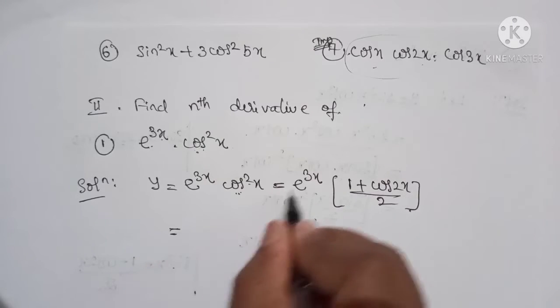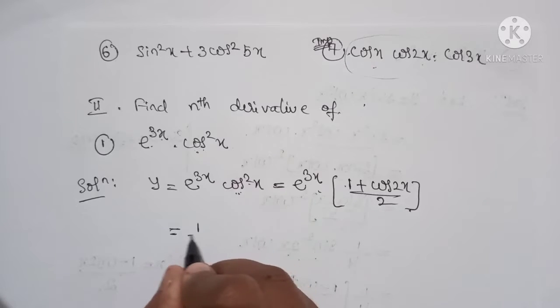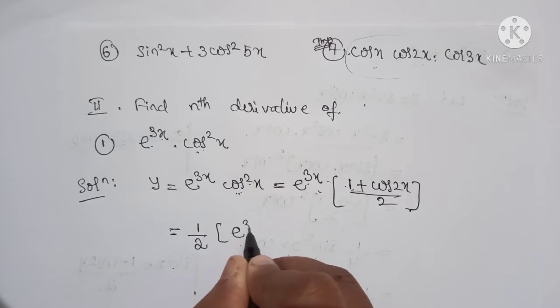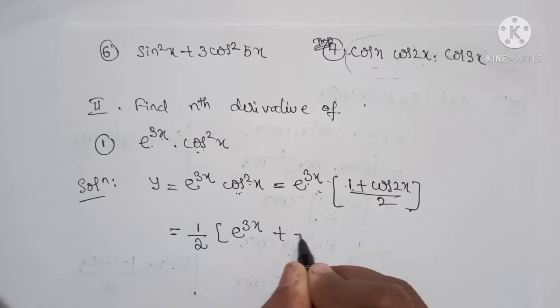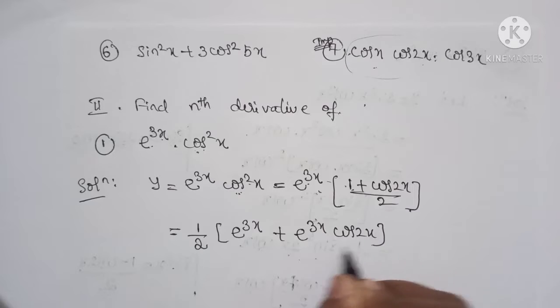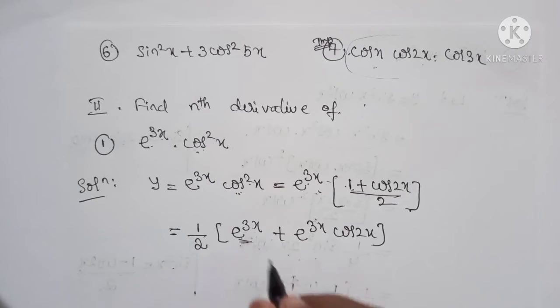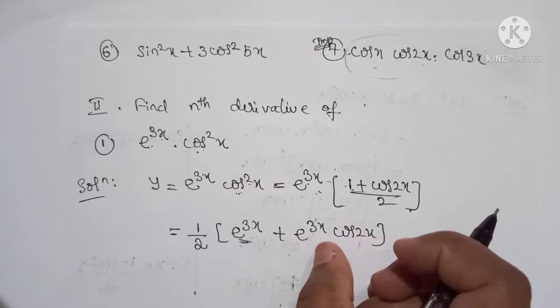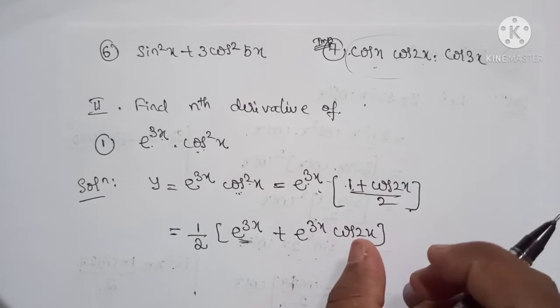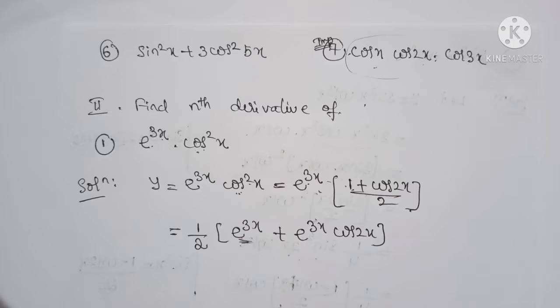So further simplifying, 1 by 2 can be taken outside: e raised to 3x times 1 is e raised to 3x, plus e raised to 3x cos 2x. Here we apply the direct formula, the e raised to ax into cos of bx plus c form.